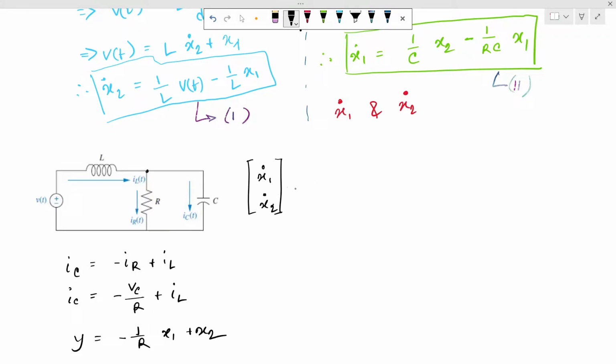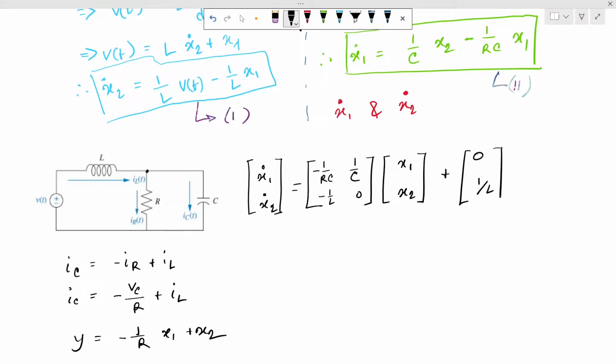This is the derivative of the state vector, equal to the A matrix, which is also known as the system matrix, which is minus 1 by RC, 1 by C, minus 1 by L and 0, and the state vectors are x1, x2, plus the input matrix, which will be 0, 1 by L, and the input vector is Vt. I am considering Vt as input.